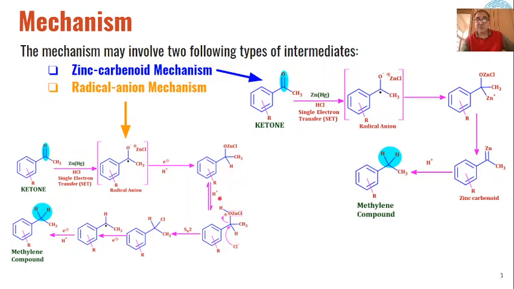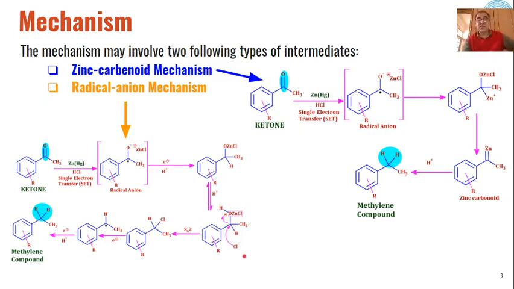This intermediate further takes one more proton from HCl, where the H positive in the second step gets attached to this oxygen, and therefore this oxygen creates a positive charge at this place.